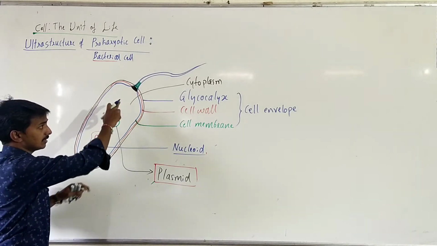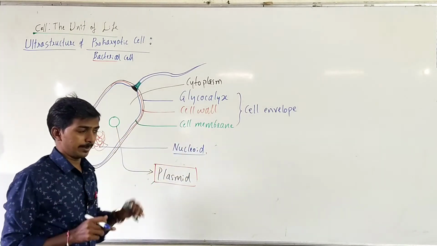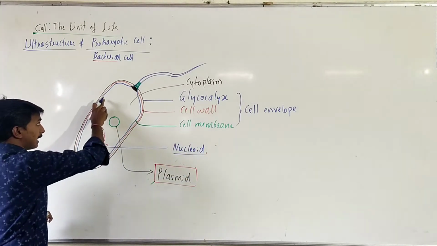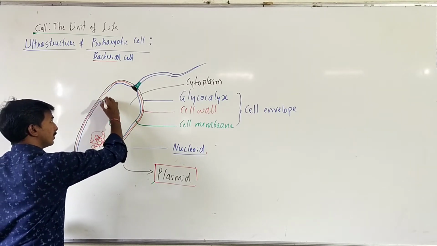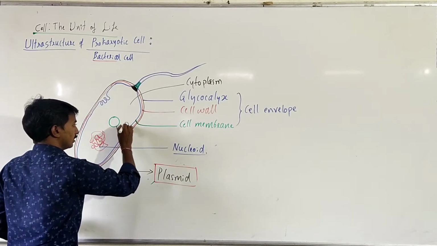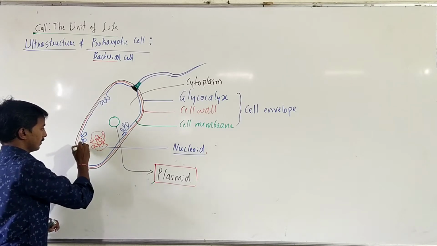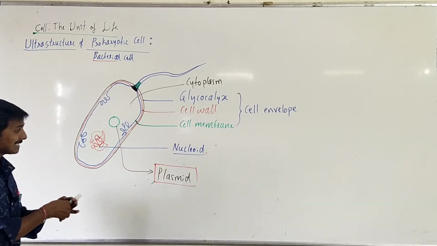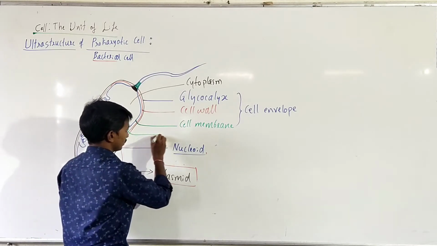Here we have seen the innermost layer as a cell membrane or a plasma membrane. But in bacteria, the plasma membrane will make the infoldings, finger-like projections. These infoldings are known as mesosomes.